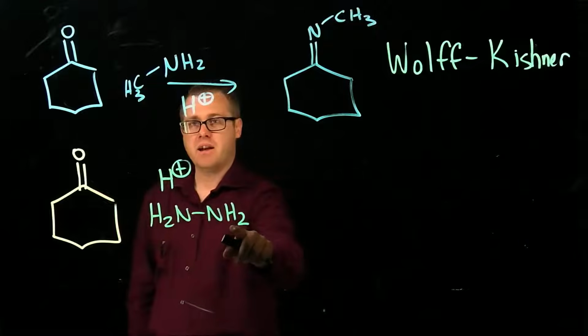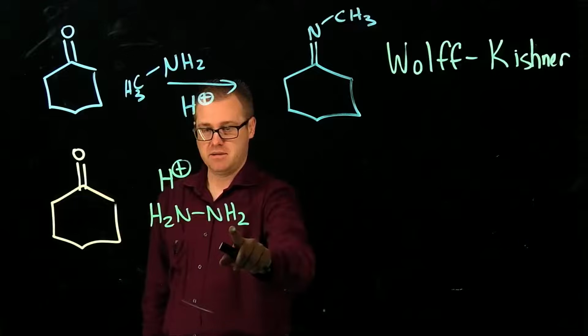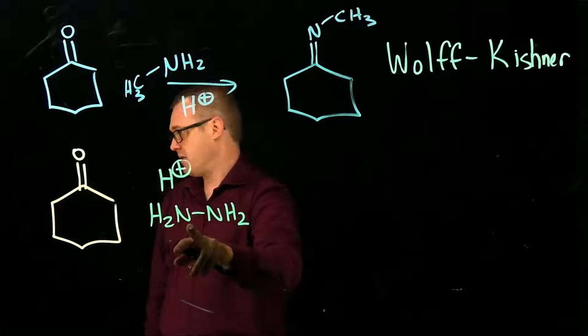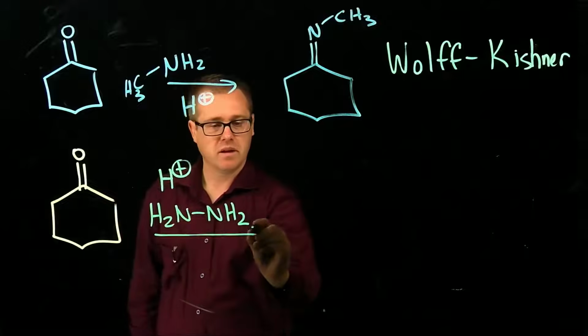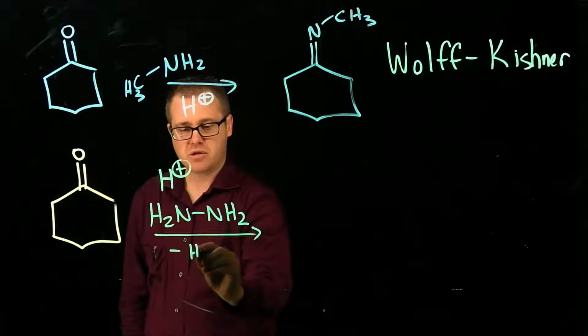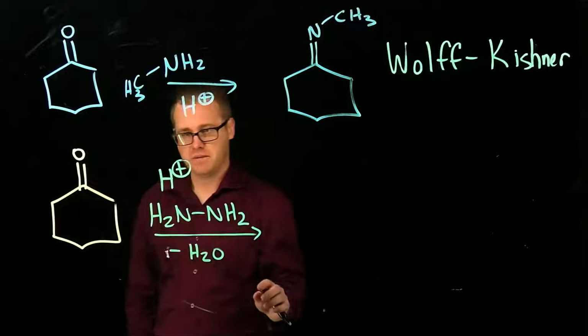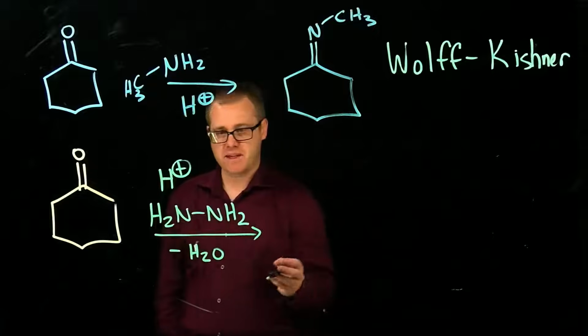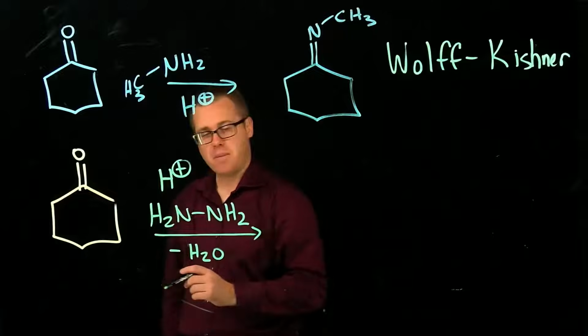This molecule right here is called hydrazine. So you use some hydrazine, and as you do the reaction, you're getting rid of water. And you get rid of water based off the apparatus that you're using.